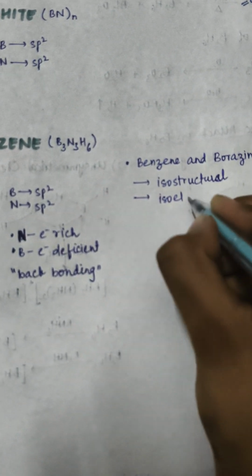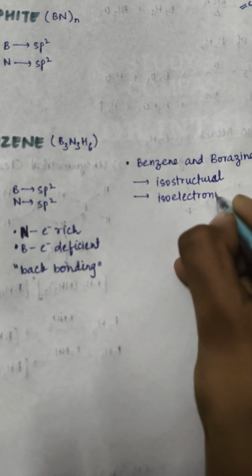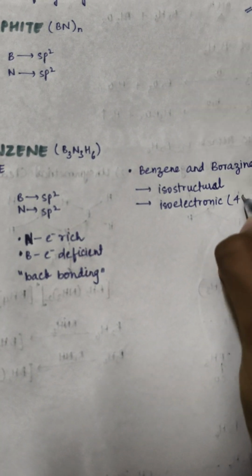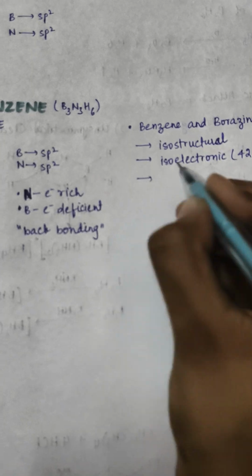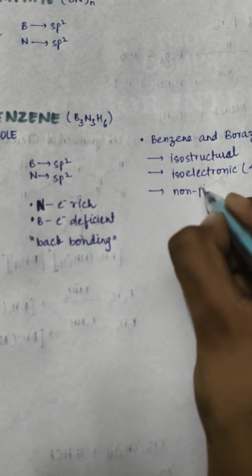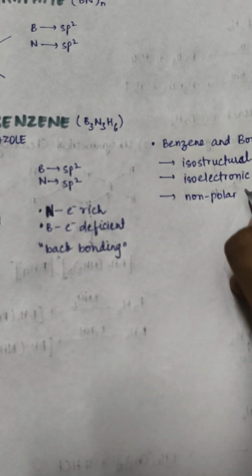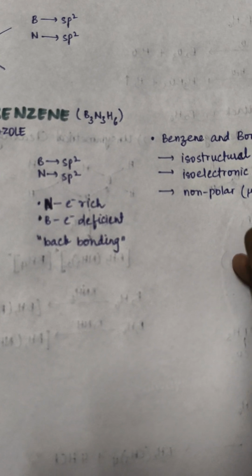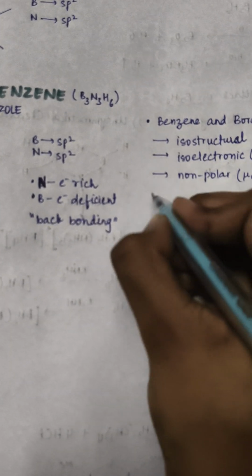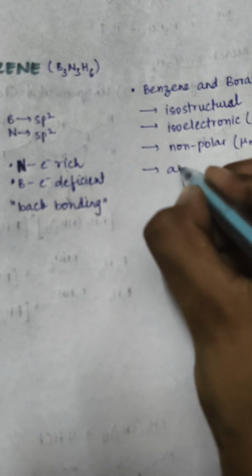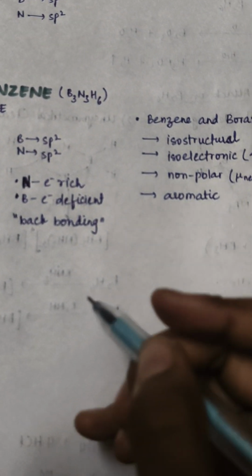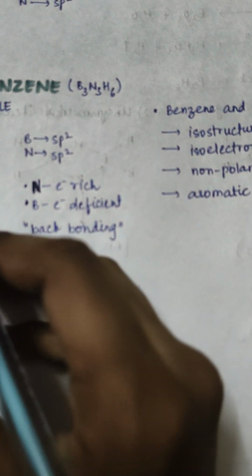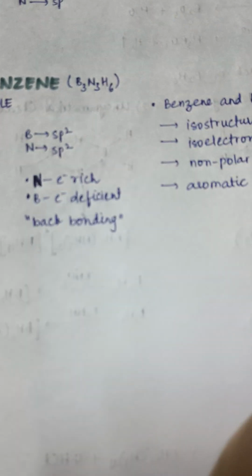Isoelectronic, both have 42 electrons. Non-polar, that is net dipole moment is 0, and both are aromatic. And we know some properties for aromaticity is having 6 pi electrons, planar structure, showing resonance.